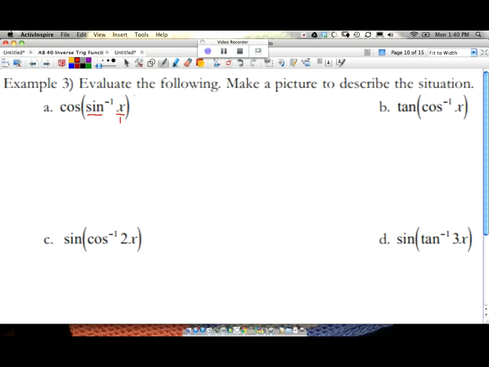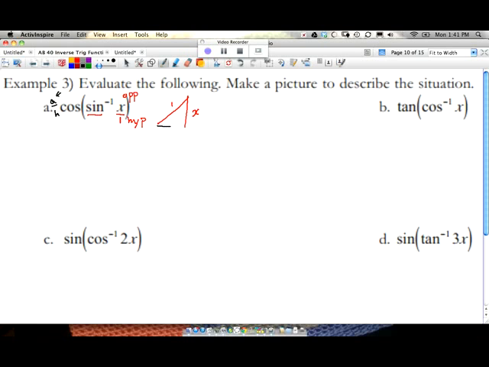So we know that sine is really opposite over hypotenuse. So I'm going to draw a triangle. Opposite is x, and hypotenuse is 1. And it's asking me to do cosine, which is really adjacent over hypotenuse. So I got to figure out this adjacent side. I don't know what it is.